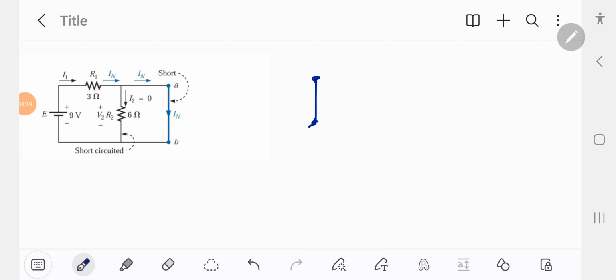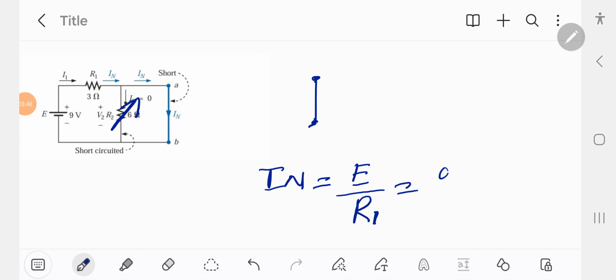As we know, zero current will flow across this resistance, so we will neglect it. For IN, we are left with the resistance R1 and a potential of 9 volt. So IN can be easily found through this procedure, which is equal to 3 ampere.